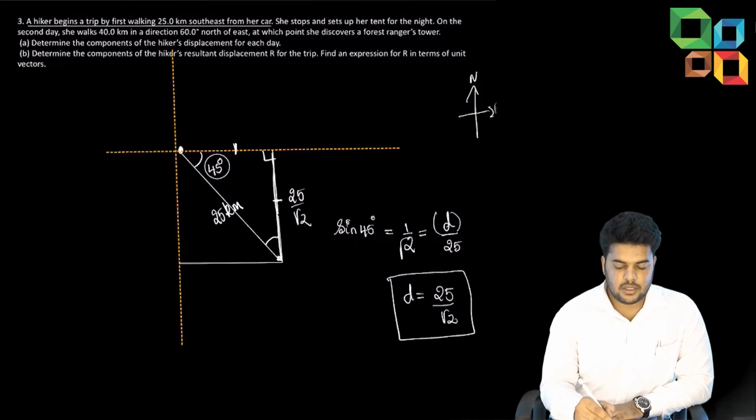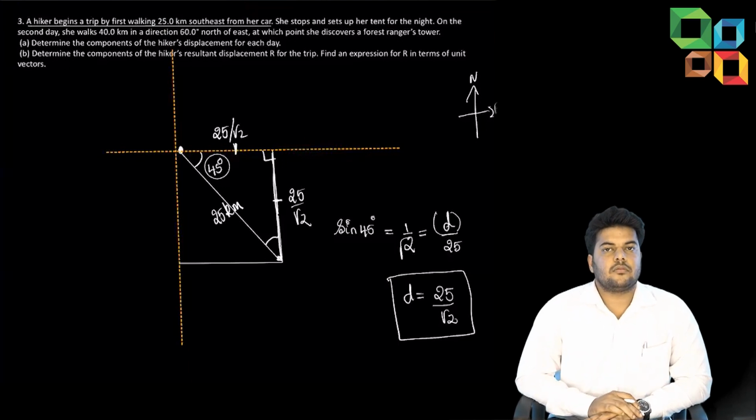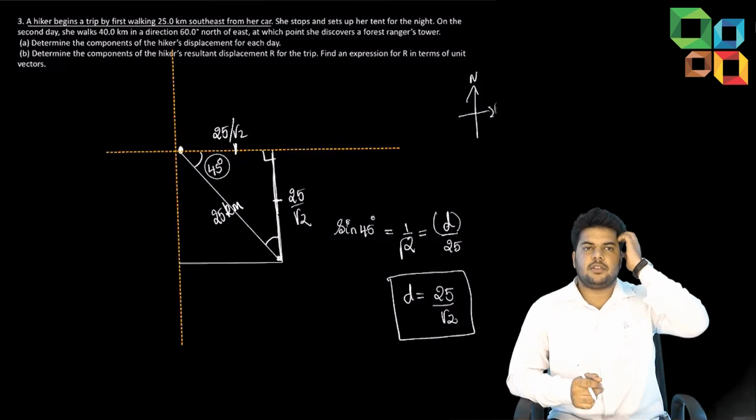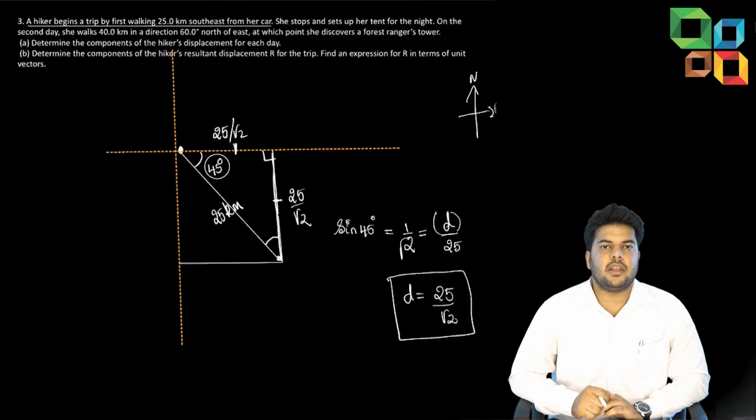Now what is the east component? The east component is also 25 by root 2. Okay. Now you are not under pressure to convert it to decimals. Don't try to convert it to decimals. It's okay if you have done it, but it's not really required. As long as you understand what has happened there, 25 by root 2 is a perfect answer.